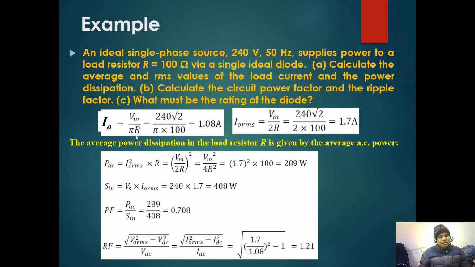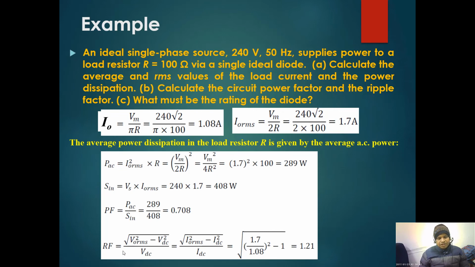Already we know Vm by pi R, which is 1.08 ampere, and I0 RMS is nothing but Vm by 2R, which is 1.7 ampere, and PAC is around 289 watt, and Sin is nothing but 240 into 1.7, which is 408 VA, and power factor is PAC by Sin, which is equal to 0.7.